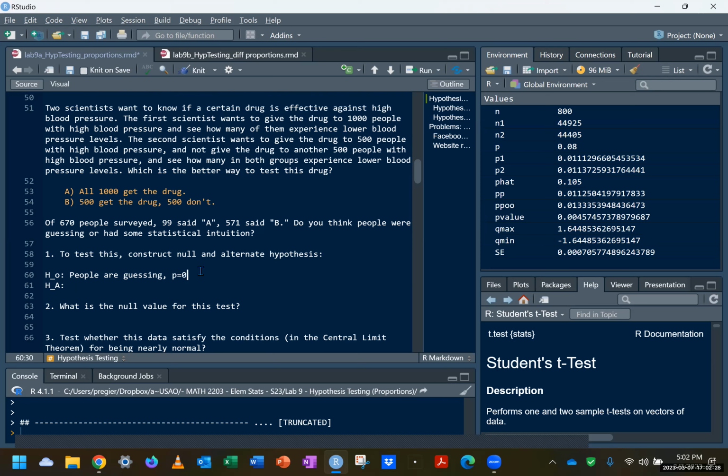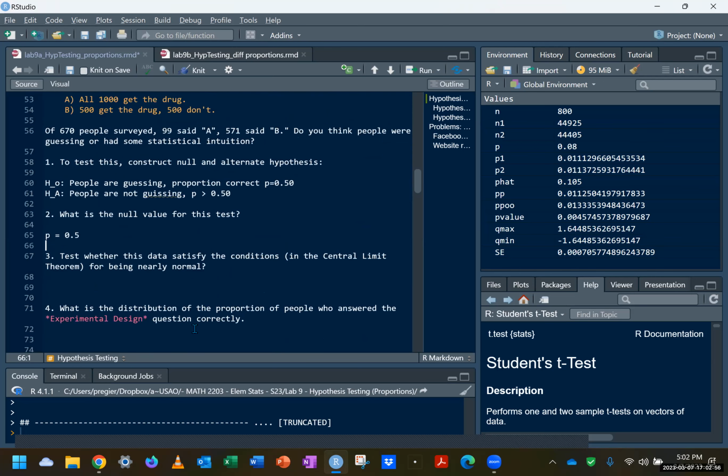We would say P equals 50%. This would be the proportion correct, with 50-50 guessing. And here the alternative says people are not guessing. Hopefully, if they're not guessing, P is greater than 0.5. These would be examples of our hypotheses. So the null value would be 50%.